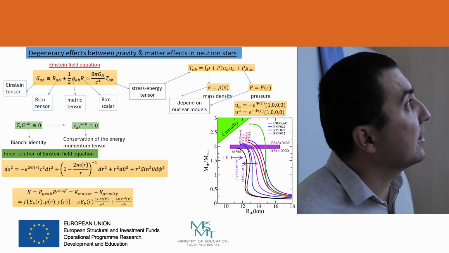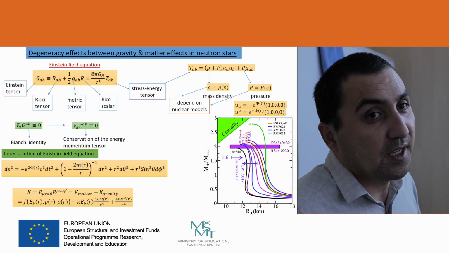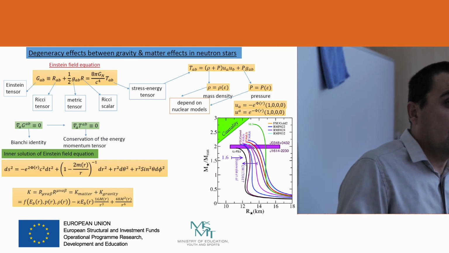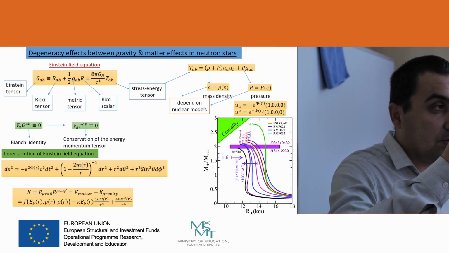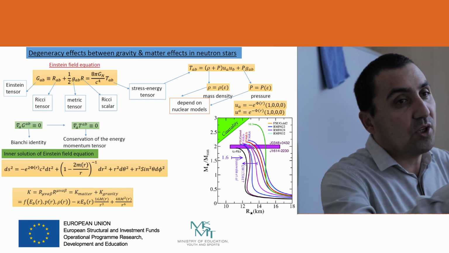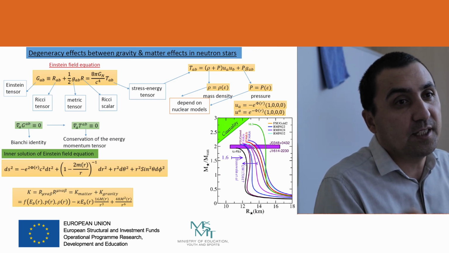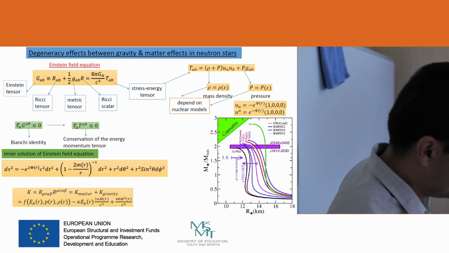So from this point of view, matter and gravity mimic each other. If we can work on some exact neutron star, nuclear matter and gravity model, we can get some constraints on their parameters, where these parameters show similar or the same effects.